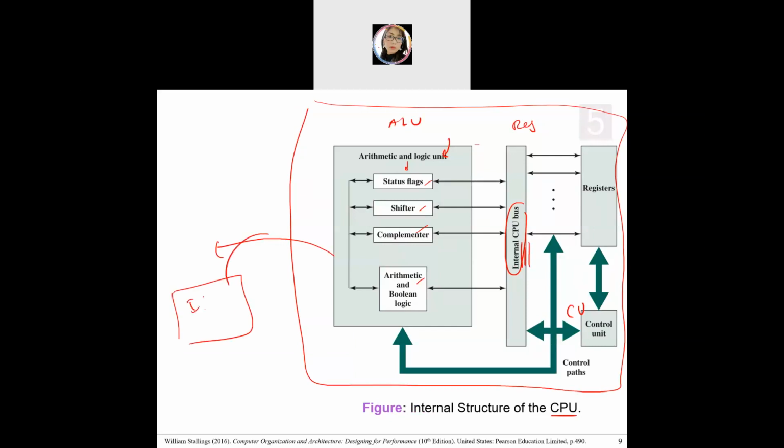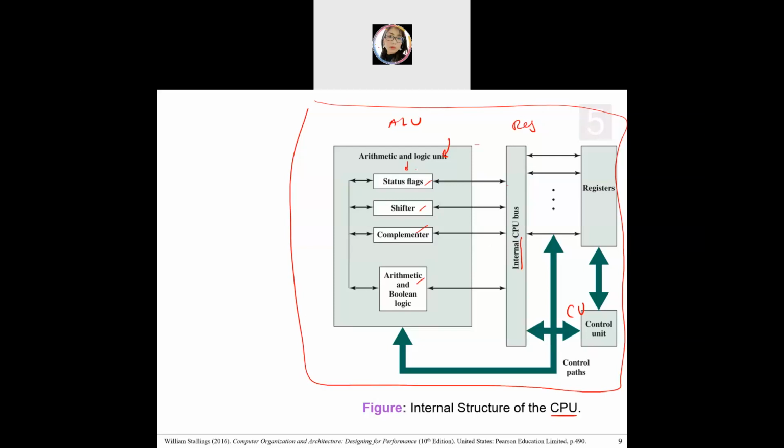Outside, you might connect to your input output, might be in terms of your hardware or your memory. So that is outside. When you are inside the CPU, we call it the internal CPU bus. So this is the connection to each other.